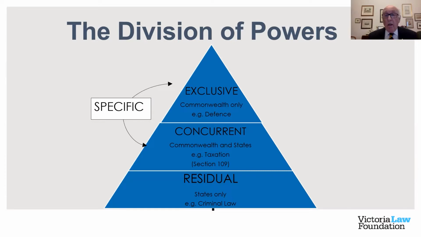Now, in fact, those concurrent powers can be exercised by both the Commonwealth and the states. But Section 109 of the Constitution, as you've probably already discovered, states that if there is a clash between those two laws, that is, concurrent laws, say a law made by the Commonwealth and a law made by the states on the same topic, Section 109 gives priority to the law made by the Commonwealth.